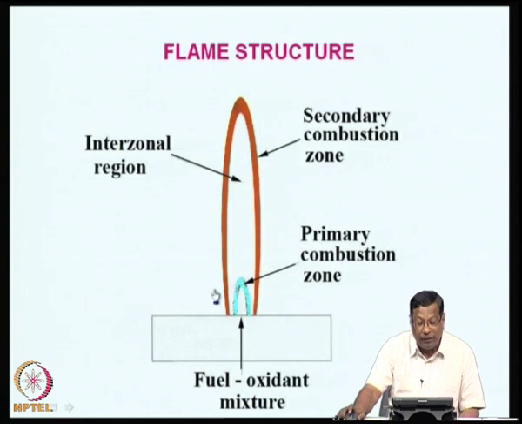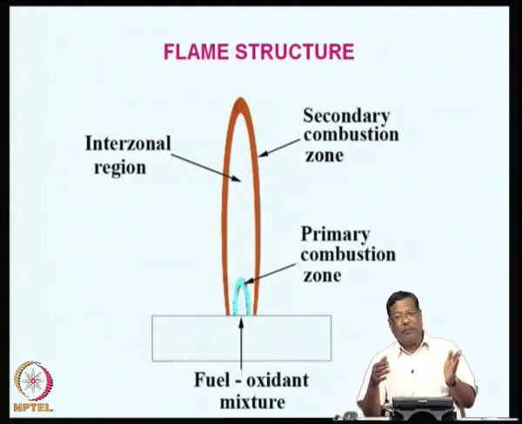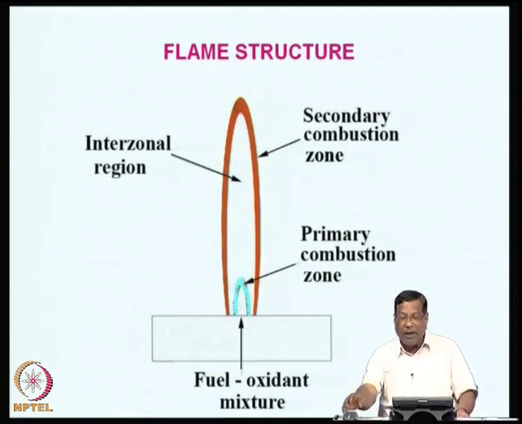So, this green zone is known as the primary combustion zone, and this white one I am showing is normally a blue flame. This is known as the secondary combustion zone, and at the edge you will see that the flame is burning with a reddish tinge. This is because it sucks oxygen from the air, and the oxygen will combine to give you a reddish flame.